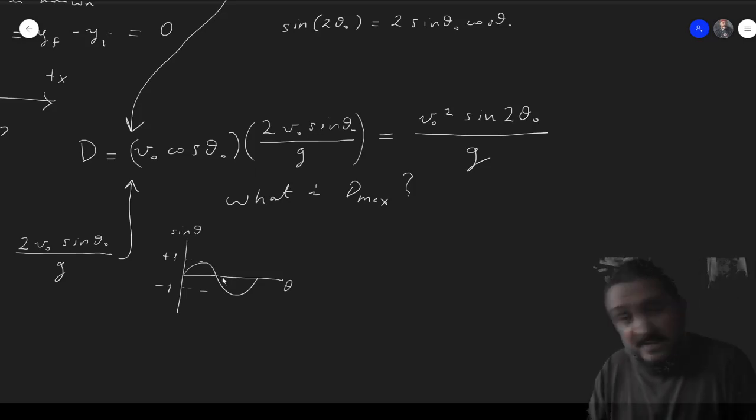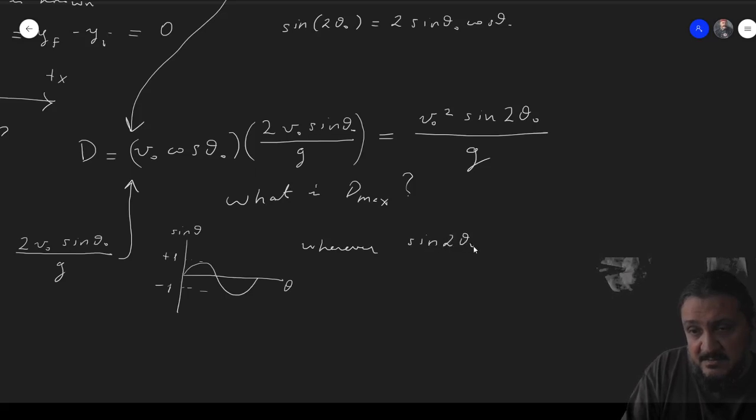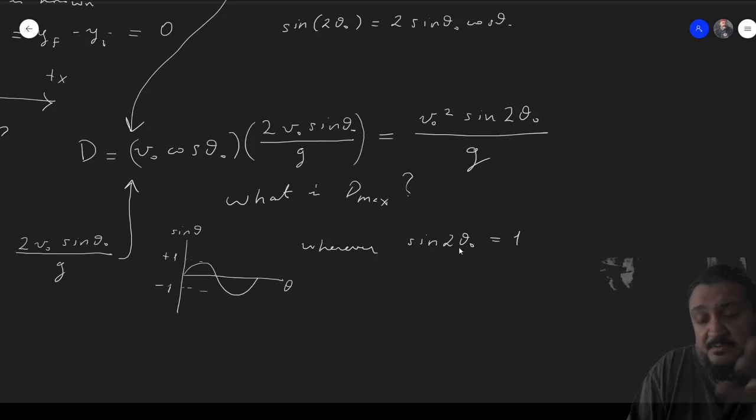But its maximum is 1. So the angle that makes sine 2 theta equal to 1 makes d a maximum. Okay, so that is 45 degrees. This is 45.